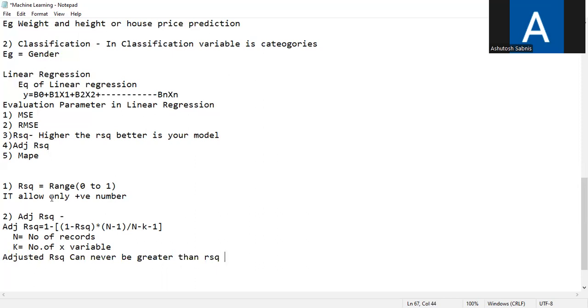And here we are considering only significant variables, so it can never be greater than R square. So higher the adjusted R square, better is the model. This is the most important step. I will write it here: higher the R square and adjusted R square, better is your model.